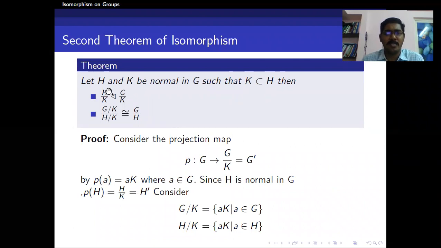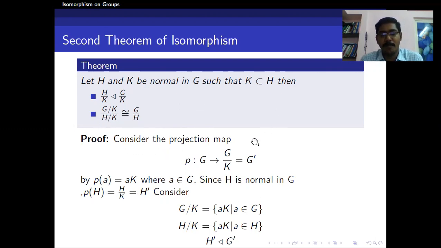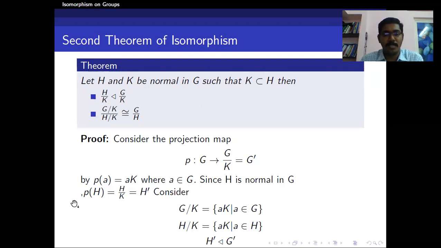In the second theorem of isomorphism, let H and K be normal in G and K is a subset of H. Then H over K is a normal subgroup of G over K, and G over K by H over K is isomorphic to G by H. Now consider the projection map P from G to G over K, that is equal to G dash. By the definition, we take P of a equal to aK, where a belongs to G. Since H is normal in G, P of H is equal to H over K, and H over K is what?